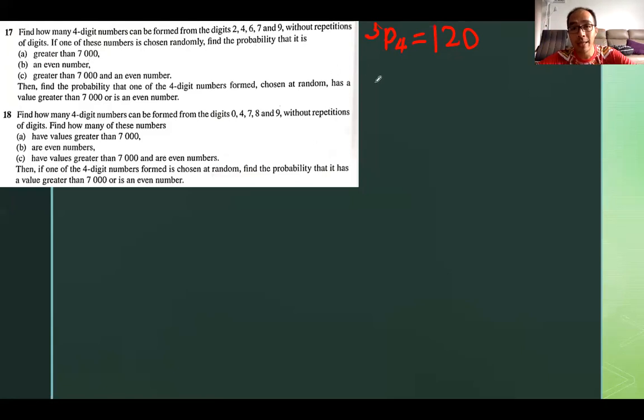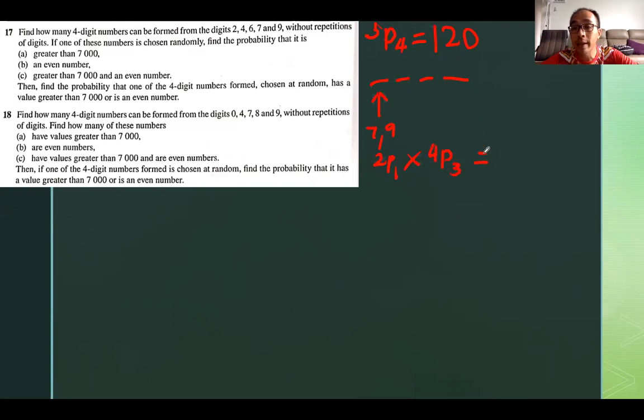Now let's talk about the number of ways it can be formed first. Greater than 7,000 means the first digit can only be 7 or 9. So this is 2P1 times, how many ways are there to fill in the rest? Lepas kau letak satu nombor, kau ada berapa nombor lagi? Kau ada 4 nombor lagi kan? Dan berapa tempat kosong? 3.